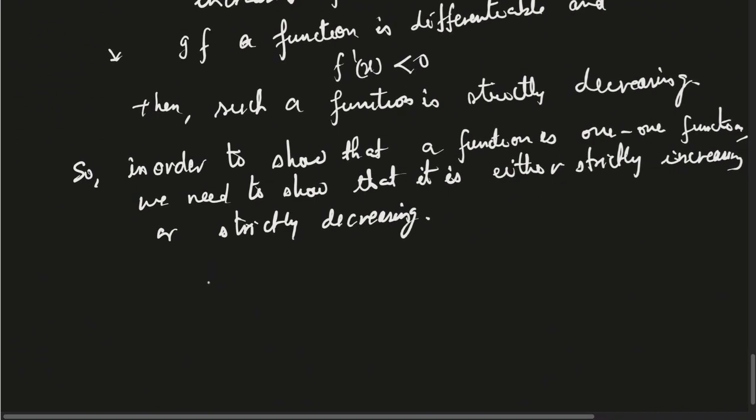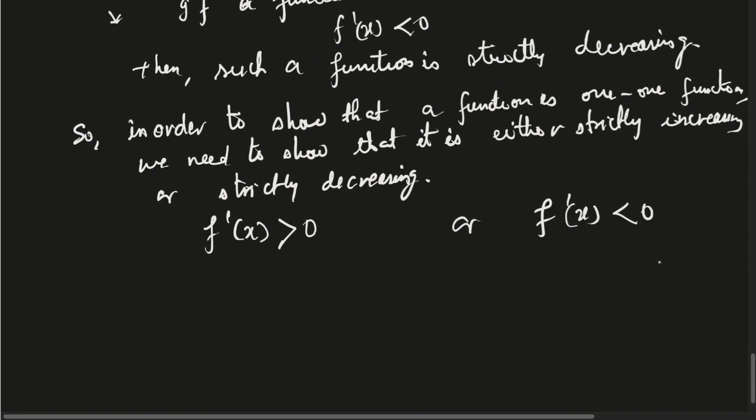This means we'll have to show that f dash x is either greater than 0 or f dash x is strictly less than 0. If any one of these conditions is met, then we can say that it is a 1-1 function. Either f dash x is greater than 0 or f dash x is less than 0. If we get any of these two conditions, then we can say that the function is a 1-1 function.